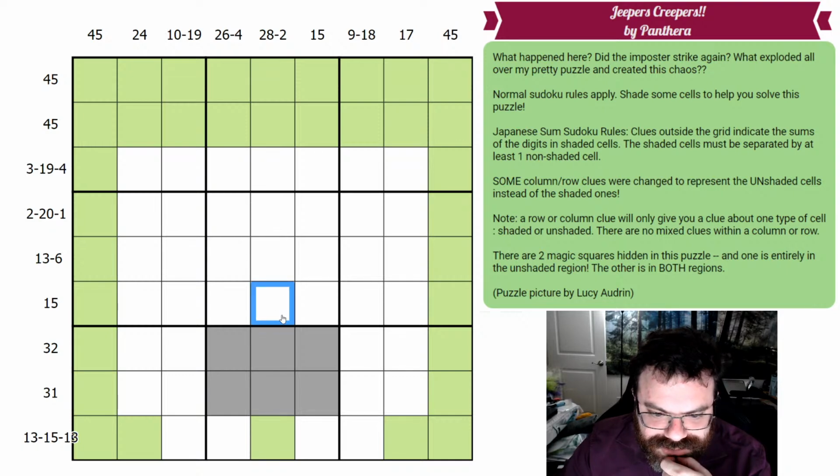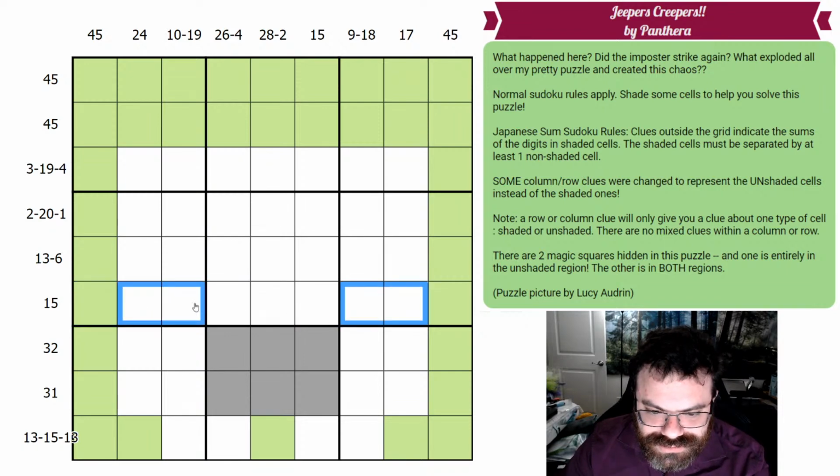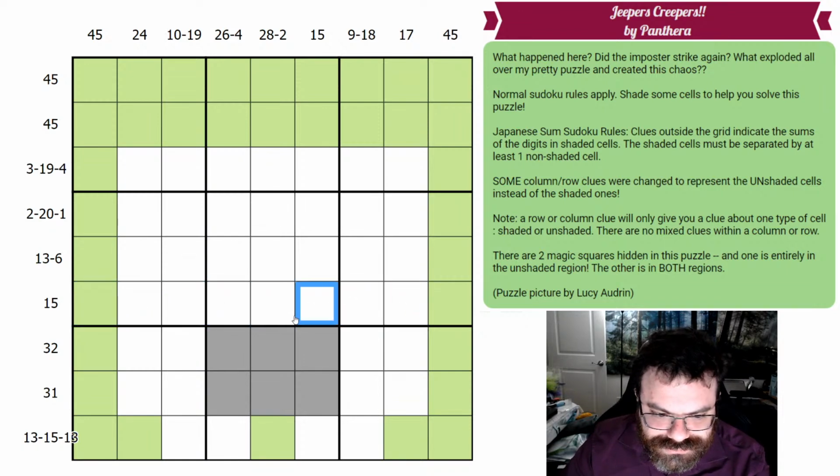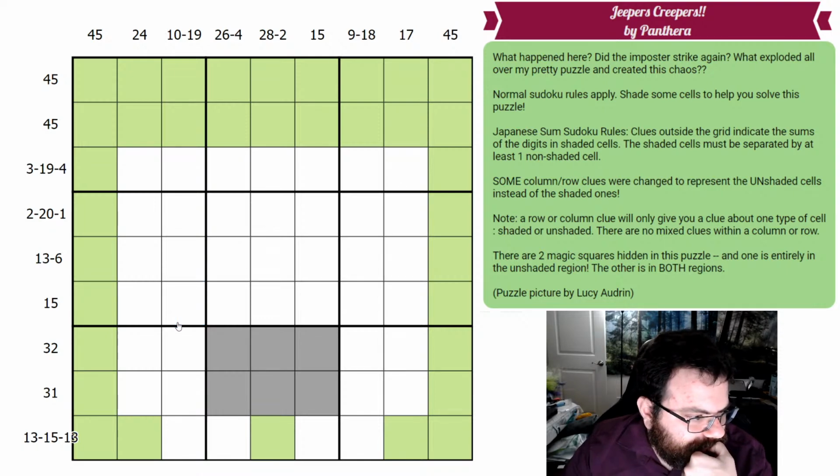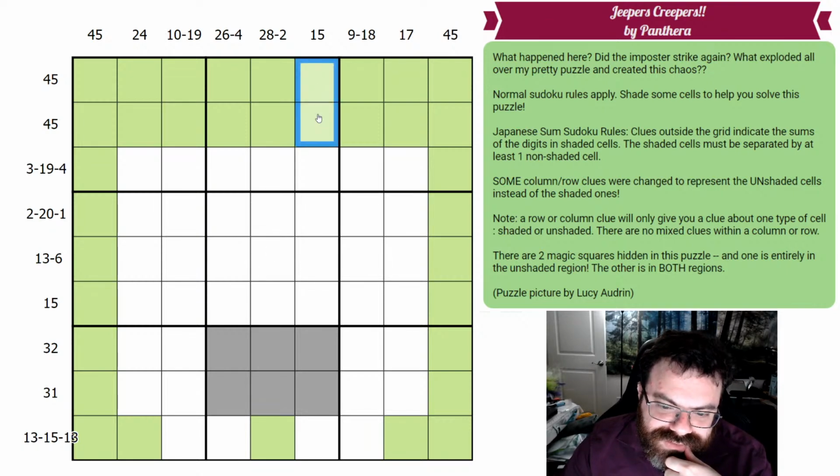The 15's going to use... it only needs to use 2, so it could literally be anywhere. This 15 could be here or here, which is really unfortunate.